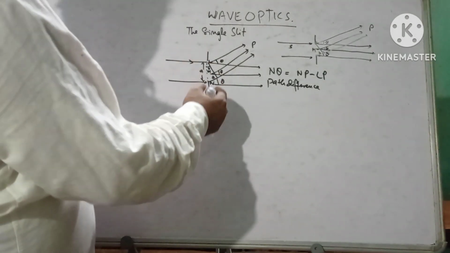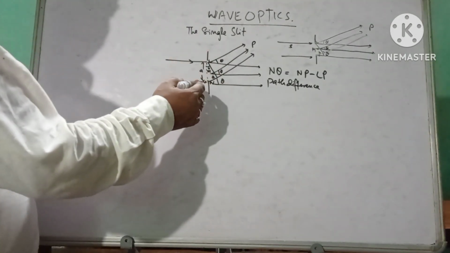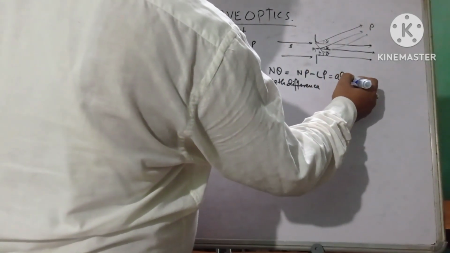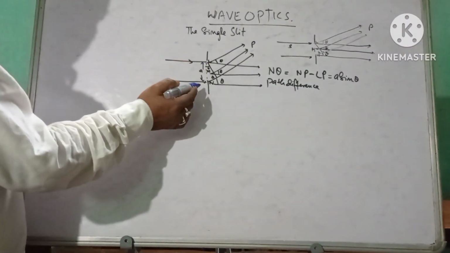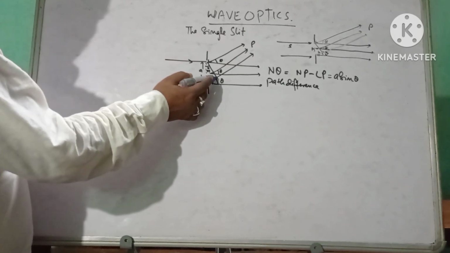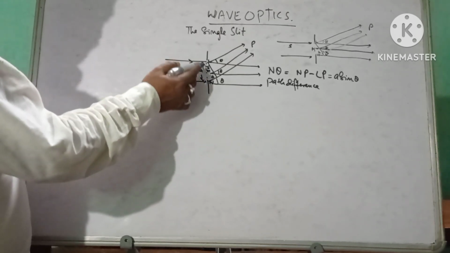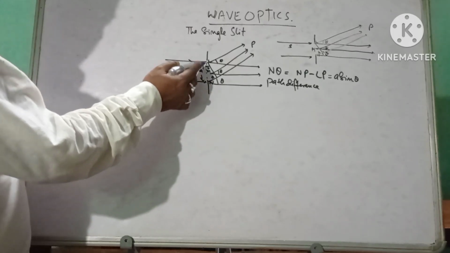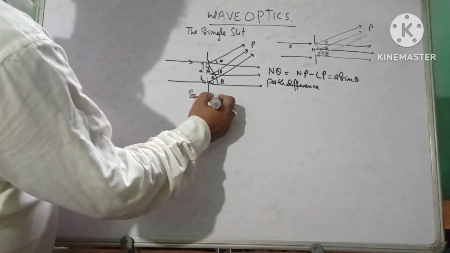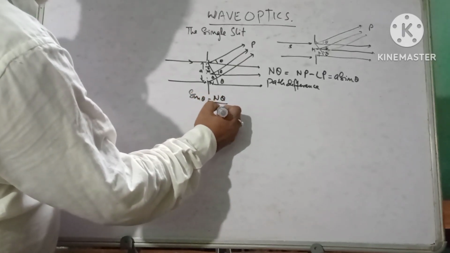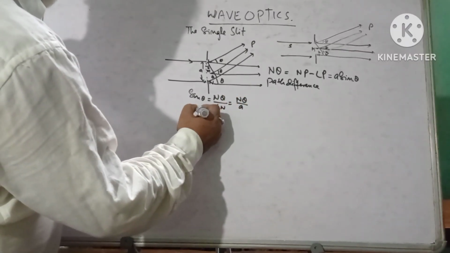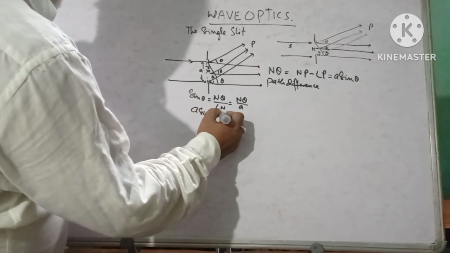So NQ will be equal to A sine theta, because sine theta is perpendicular by hypotenuse, that is NQ by LN, and LN is A. So A sine theta will be NQ.